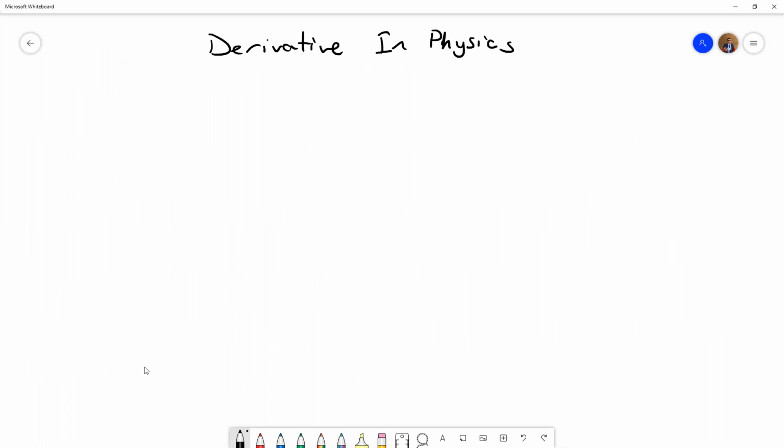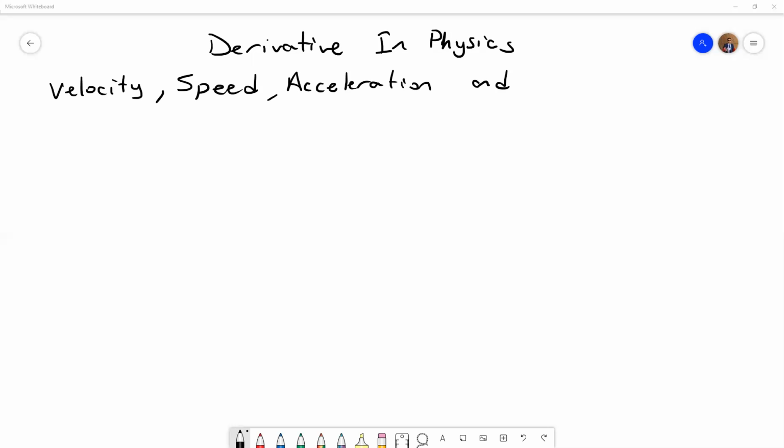We have some definitions. So these are velocity, speed, acceleration, and jerk.